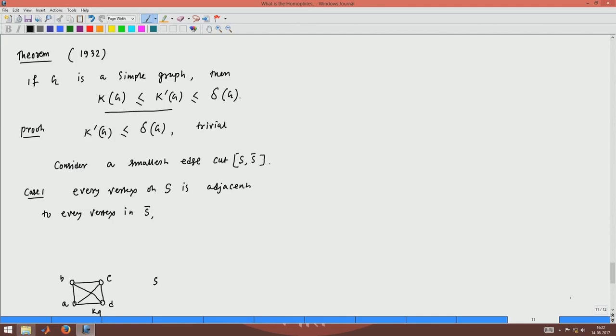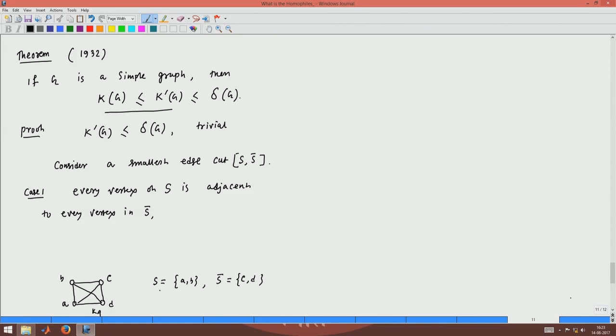If I take my S to be, say, AB and S complement to be CD, then I can see that every vertex in S is adjacent to every vertex in S complement here, right.